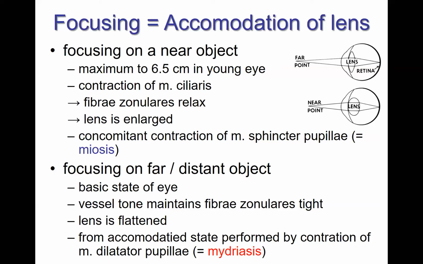And of course, if you look at near, you converge and you contract the sphincter of pupilla, so you perform miosis. If you decide to look at distant, then the ciliary muscle relaxes, the lens is flattened by the basic tone of the choroid, yeah, which retracts it back by its elasticity. And of course, mydriasis is performed by the dilator muscle in iris.